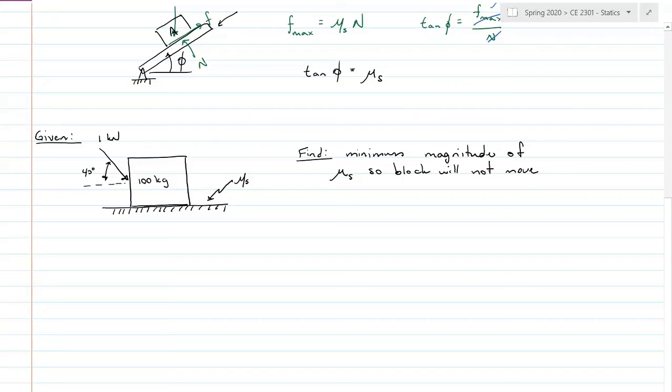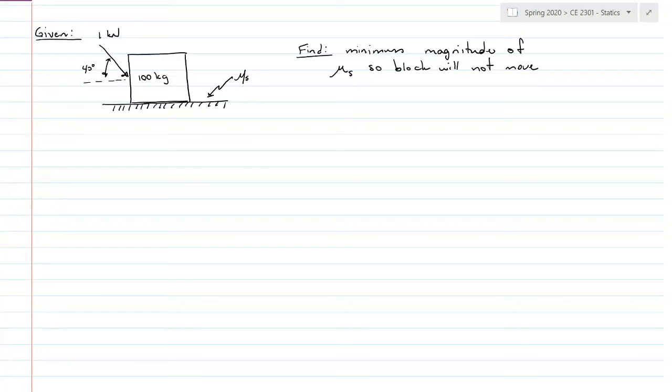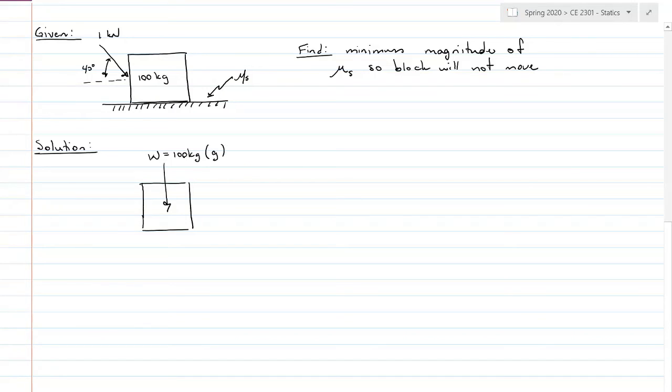All right, so this looks just like the variable one that I drew earlier. So we're going to draw our particle here, because this is just particle equilibrium, right? Because it's all acting on one surface. I've got the weight here, which is 100 kilograms times gravity.